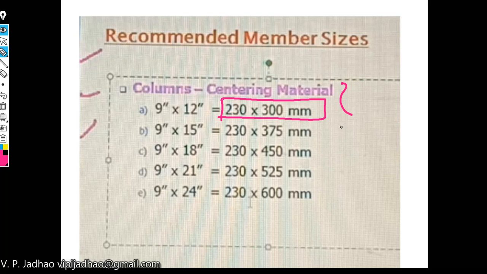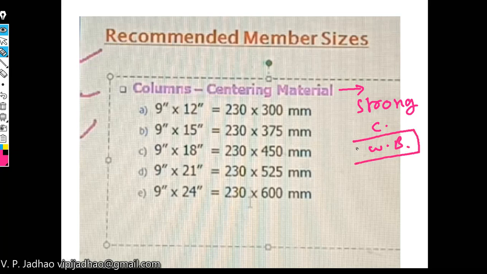This should not be less than the dimension of your beam, because the approach we are following is the strong column weak beam approach, because we don't want any failure in the column. Therefore every time your column dimension should be at least equal to the minimum dimension of your beam. Your beam dimension should not exceed the dimension of your column.